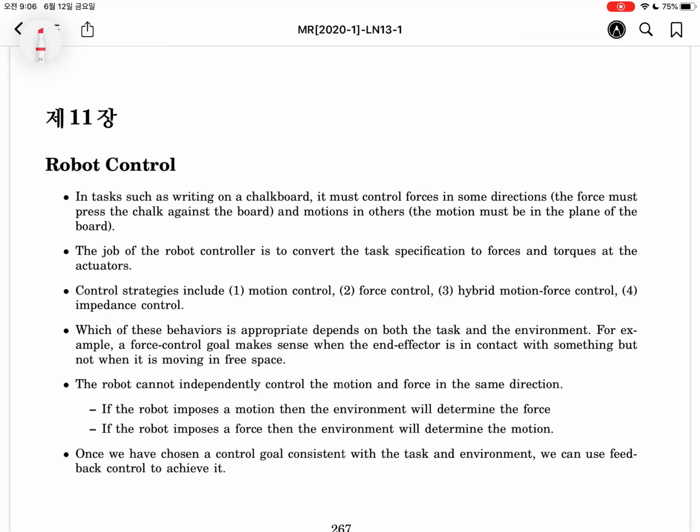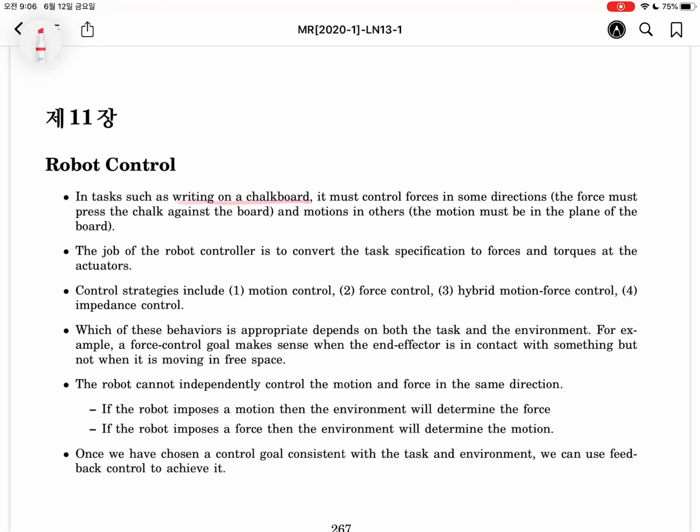In tasks such as writing on a chalkboard, let's assume that the robot is writing on the chalkboard or blackboard using chalk. At that time, the chalk direction should be controlled in terms of force, right?